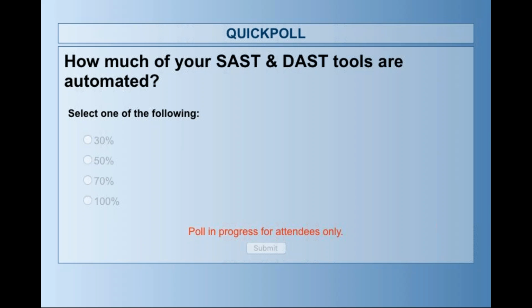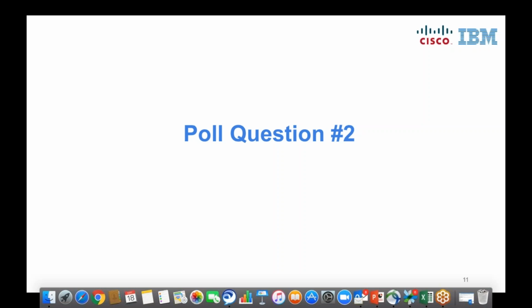I realize not everyone fits into this bucket, but pick the bucket that's closest to where you are. Please answer quickly so we can move along. We'll close up voting in 5, 4, 3, 2, 1.